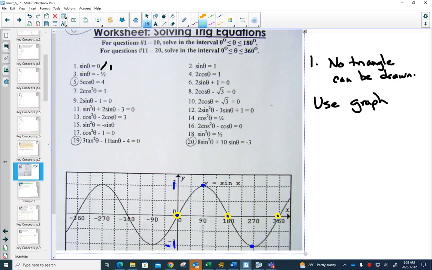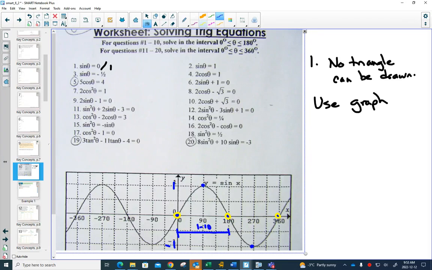So, if no triangle can be drawn, use the graph. We need sine theta equal to 0. So I go on here. Where's my y-coordinate equal to 0? At 0, 180, and 360. But in questions 1 through 10, they just say solve between 0 and 180. So you're just looking from here to here.